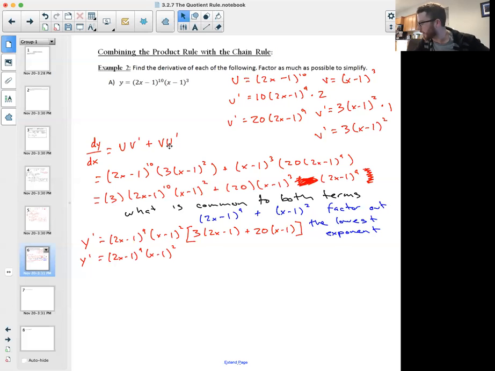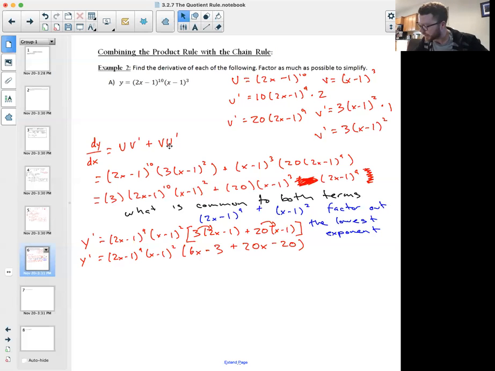So these square brackets here, we can simplify by distributing the coefficients into the brackets. So that will give us 6x minus 3 plus 20x minus 20. Okay.